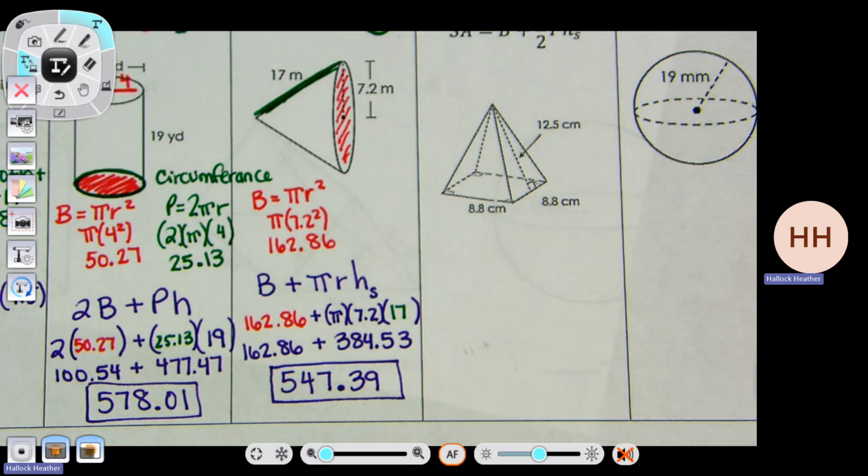Squared, curvy. So wait, it's a circle. I think so. That looks, let me check.